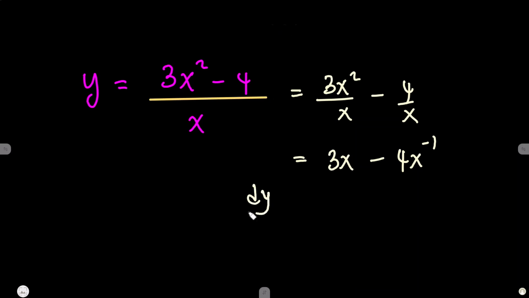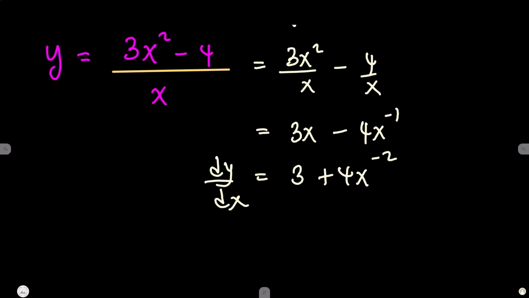So if you do dy/dx for this, this is going to give you 3, and if you differentiate this, minus 1 times minus 4 is plus 4x, and you subtract 1 from the power, that's minus 2. If you want to simplify your result, which is entirely yours to decide, you can leave the answer as dy/dx, which is 3 plus 4 over x to the power 2.